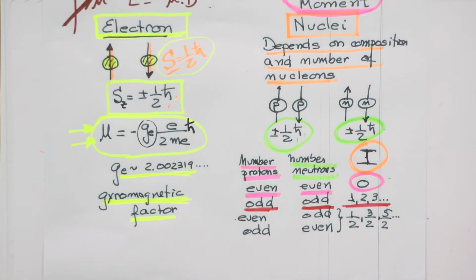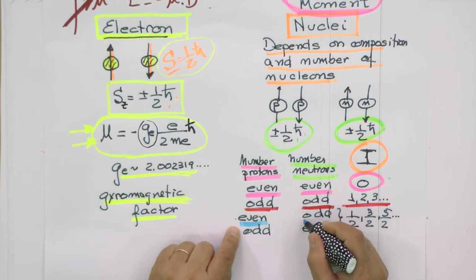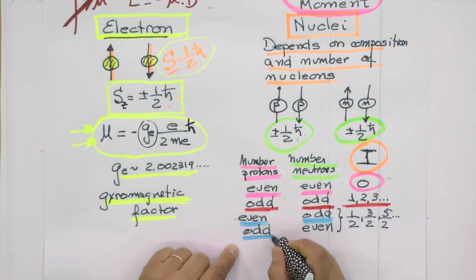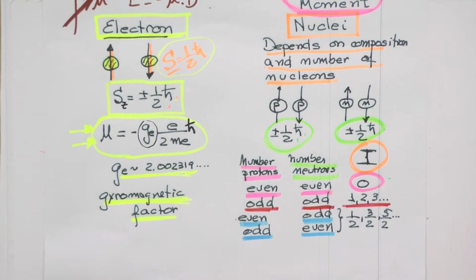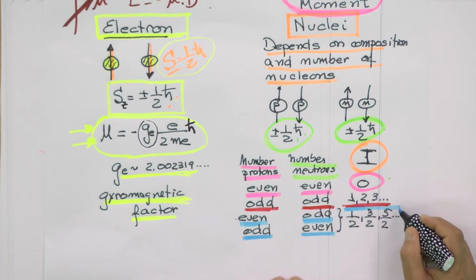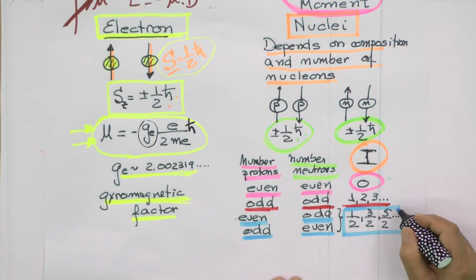Now, suppose that I have either an even number of protons adding up to an odd number of neutrons, or an odd number of protons adding to an even number of neutrons. In this case, I'm going to have for the spin of the nucleus a semi-integer.